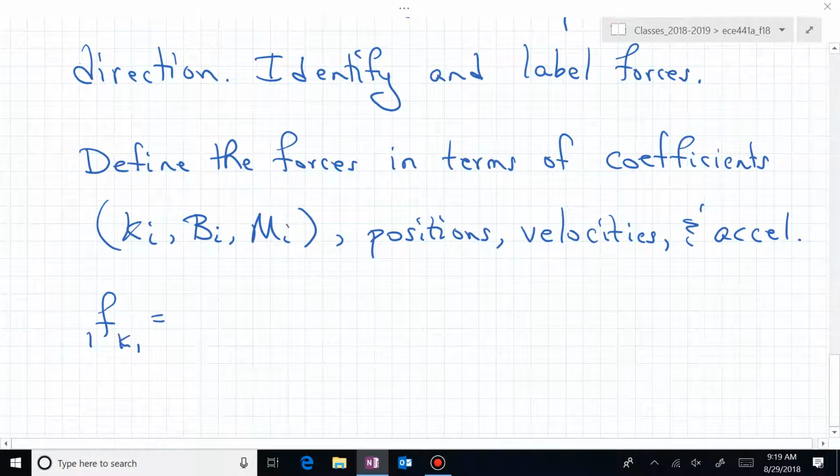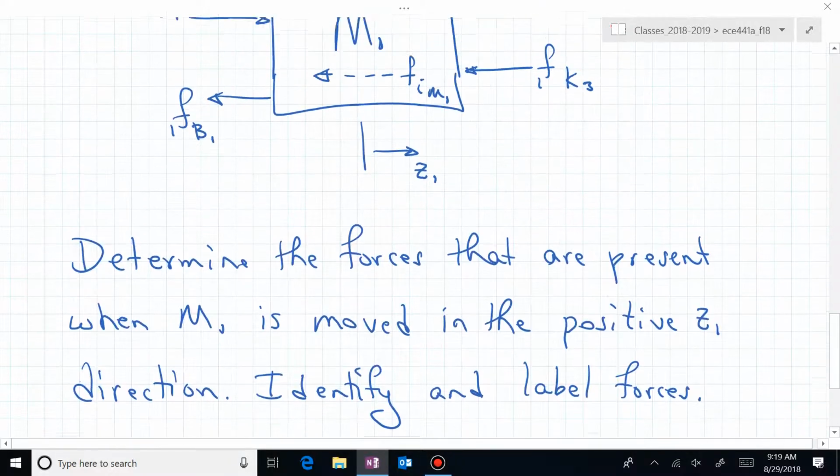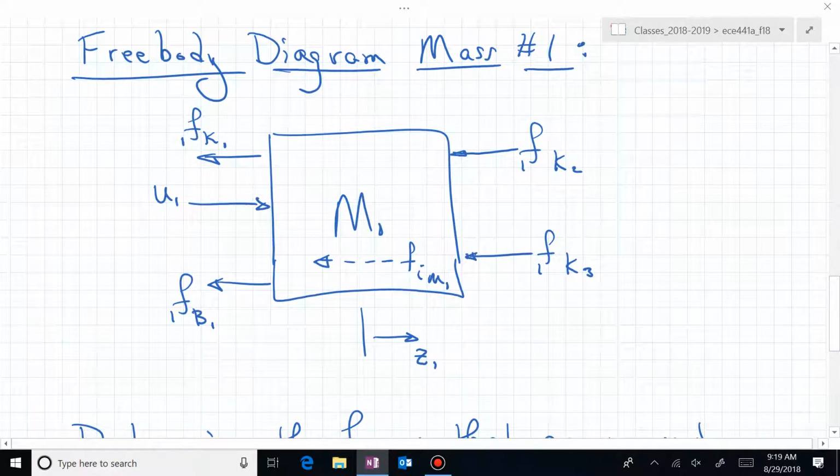What is F? How do I say this? F1 sub K1, how's that? F1 sub K1, what is its expression in terms of coefficients, positions, velocities, and accelerations? That's just K sub 1 times Z1, because its leftmost end is stationary. So whenever Z1 moves in the positive direction, that's going to produce a positive force the way that we've drawn it. Is that clear?